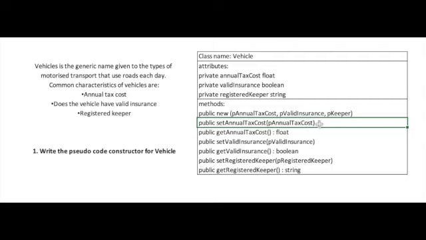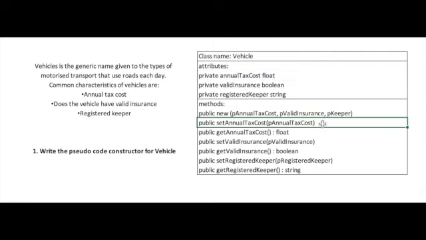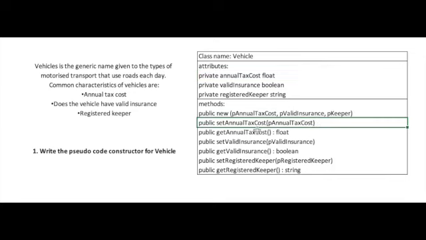This is a mutator method because it's changing the contents of the field annual tax cost. So if we wish to change the data that was stored within the field annual tax cost, we must call the public function set annual tax cost, giving it the parameter of the annual tax cost to be set within the attribute.